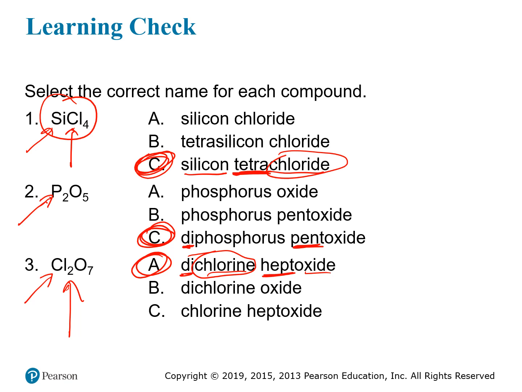It's more electronegative than silicon, so it comes second and it gets changed to the ide ending because it's second. In the third problem, chlorine is actually less electronegative than oxygen, and so it comes first in the formula, and since it comes first, you don't change the ending, and it stays as chlorine. So you have to be careful about this. There are certain manifestations of this rule that are a little strange at first, so you have to keep an eye out.